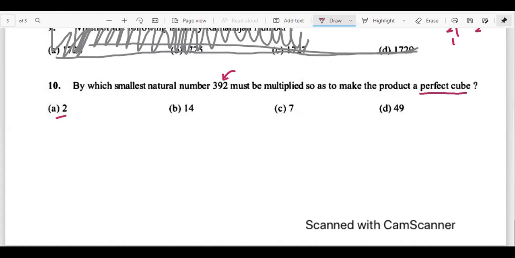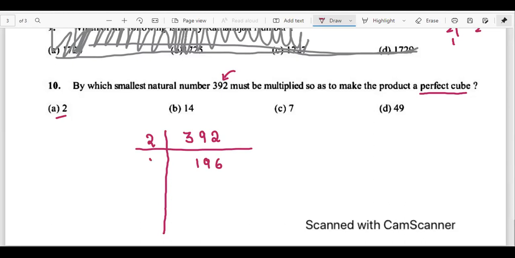For such questions, we need to find the prime factors of 392. You will get to know why. The smallest prime factor is 2, and we get 196.